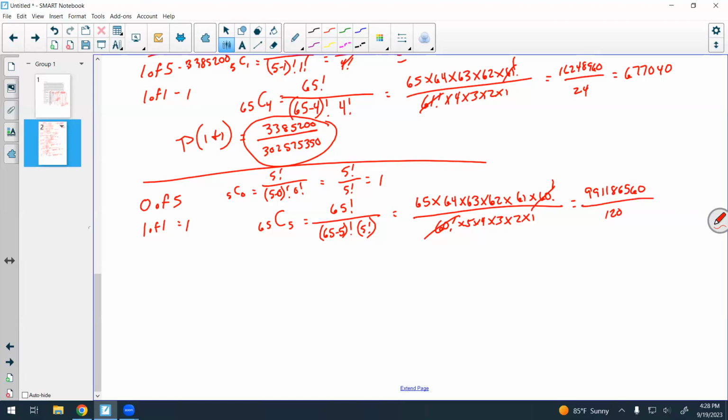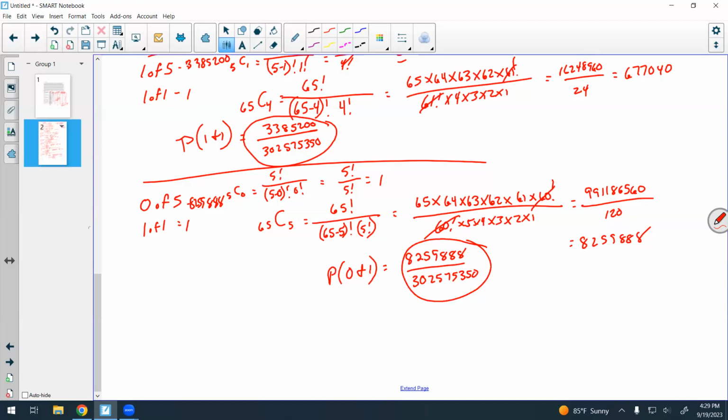This is 120. And I get 8,259,888 times 1, times 1 again, so I have probability of 0 and 1 equals 8,259,888 over 302,575,350.